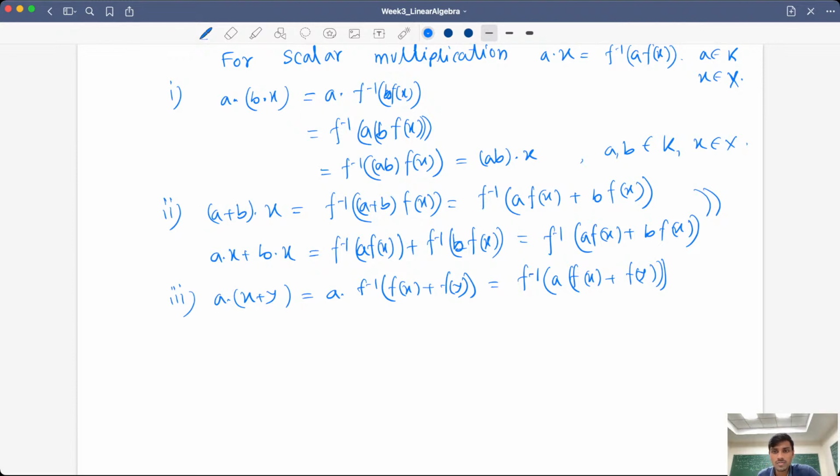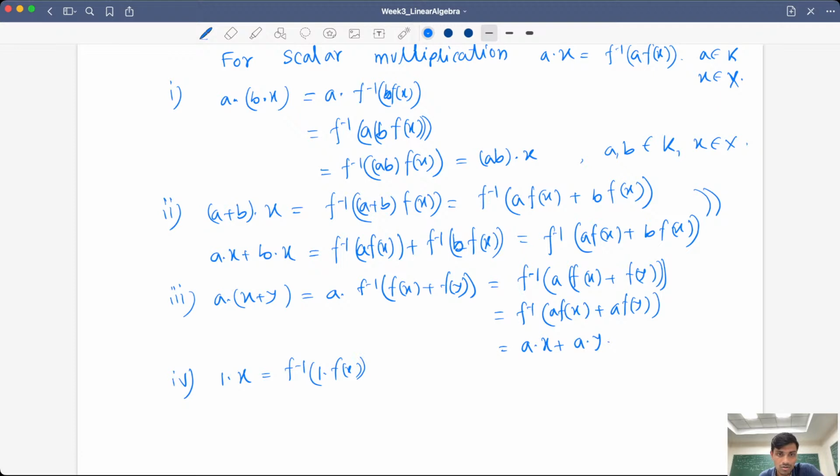So f inverse of this thing, but again this thing satisfied the above thing, like f inverse of a fx, because this plus is happening in your vector space V, so a fy. Again using this computation, you can see that this is a dot x plus a dot y. And 1 is, in this case, still again the fourth thing. 1 dot x is by definition f inverse of 1 dot fx, but 1 dot fx is fx because this is satisfied.